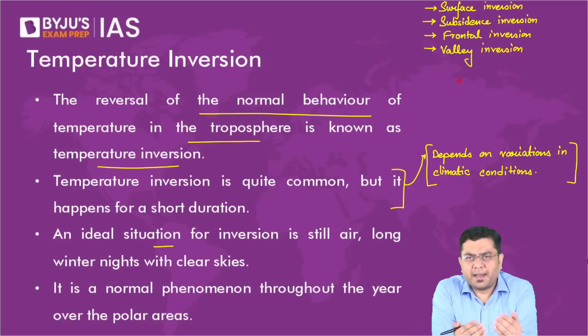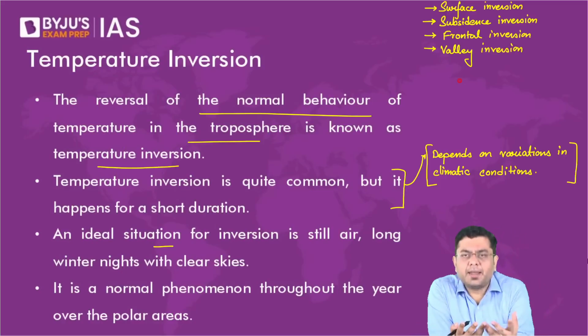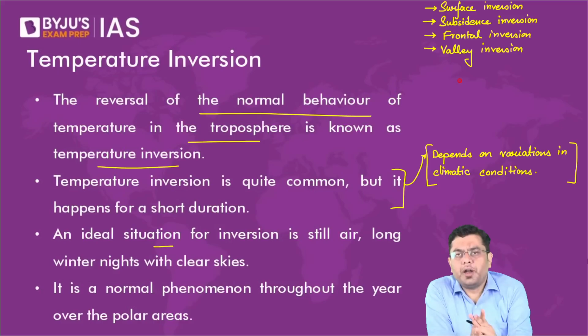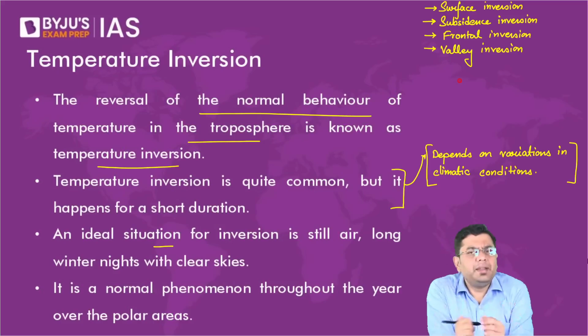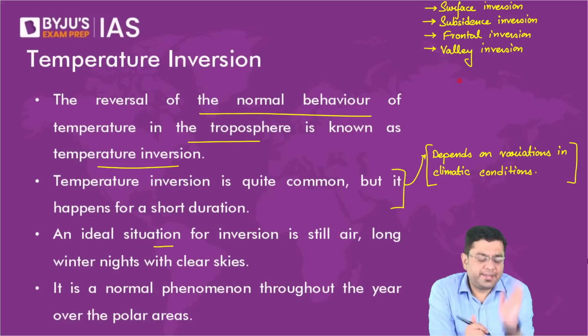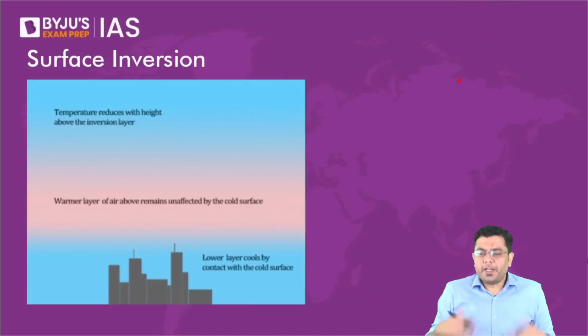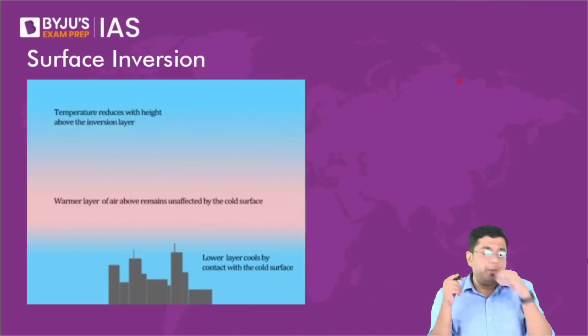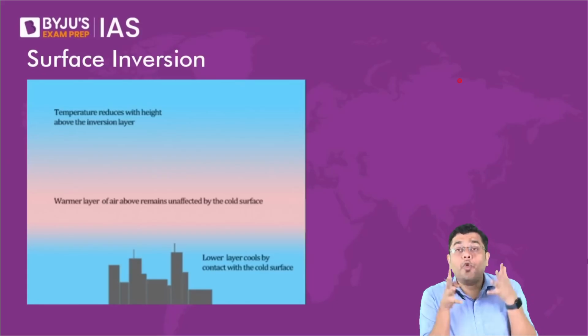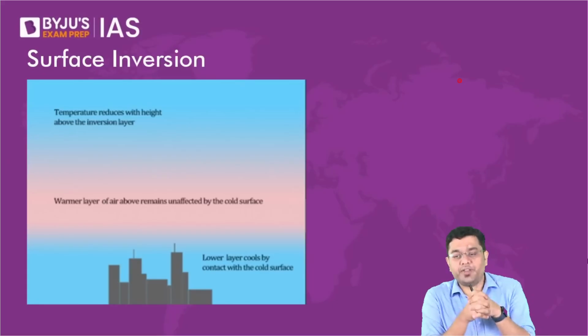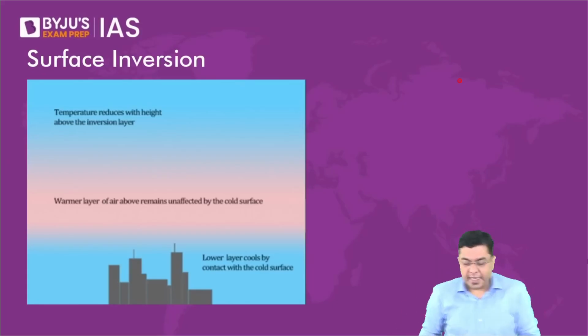You also have a categorization of a permanent mechanical inversion, a kind of transient mechanical inversion. But these are the four kinds that you should be aware of. So, what are these and how do we have this particular kind of condition? Let us try to understand that. Then we will be able to understand and appreciate what this inversion is. How does this take place?